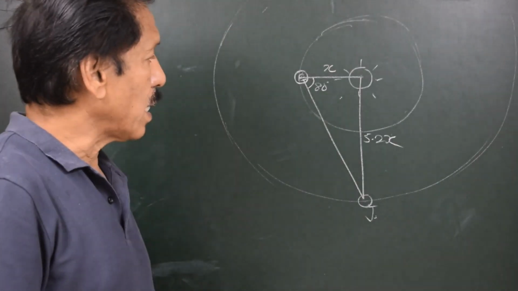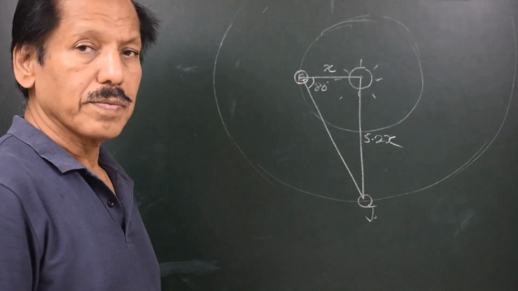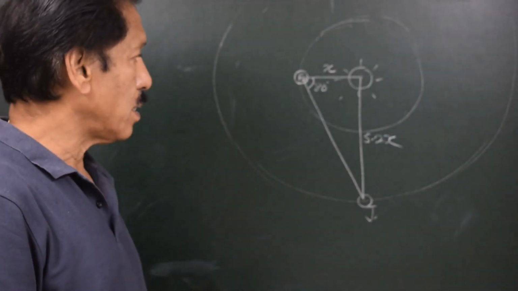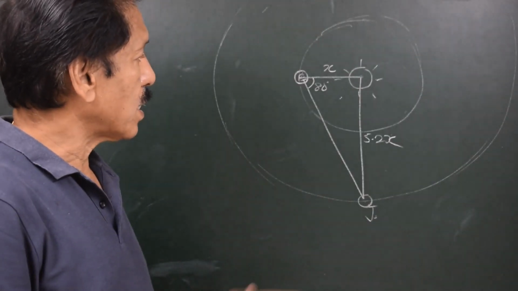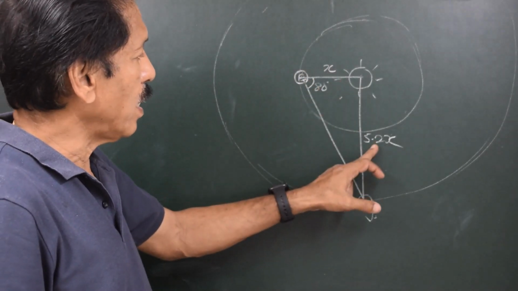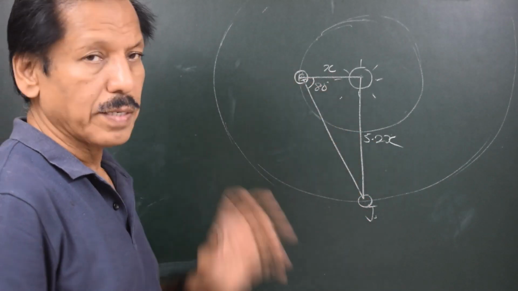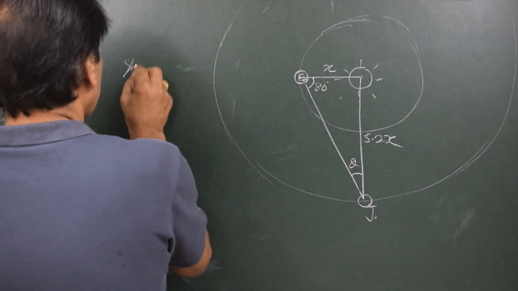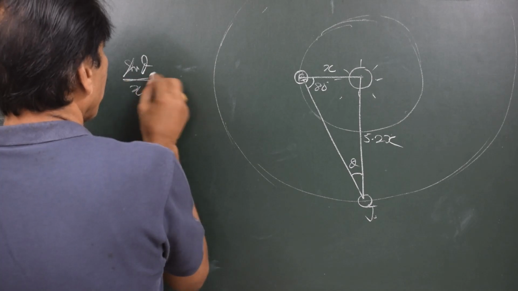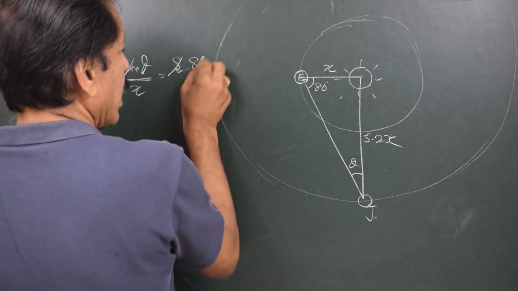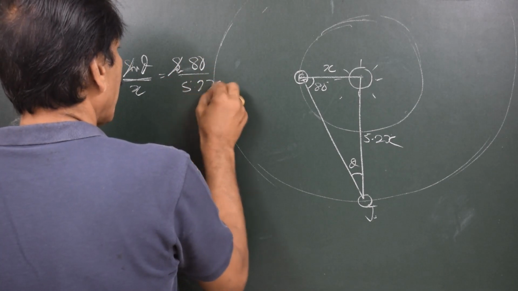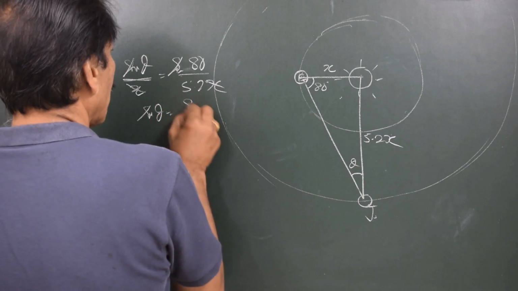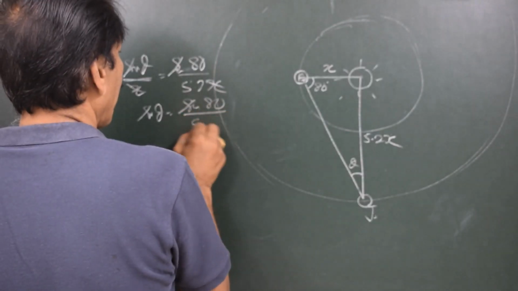What comes to my mind is we can relate the sides and angles, like in a plane triangle, sine of this angle divided by this side is equal to sine of this angle divided by this side. So suppose this angle is theta, then sine theta upon x is equal to sine 80 divided by 5.2x. X gets cancelled, so we have sine theta is equal to sine 80 divided by 5.2.